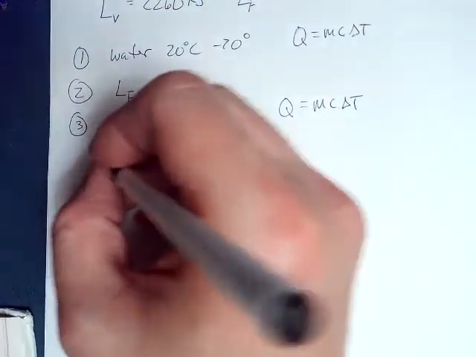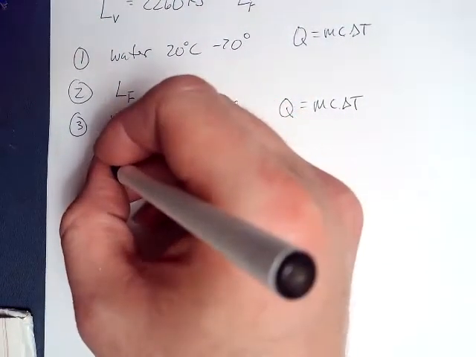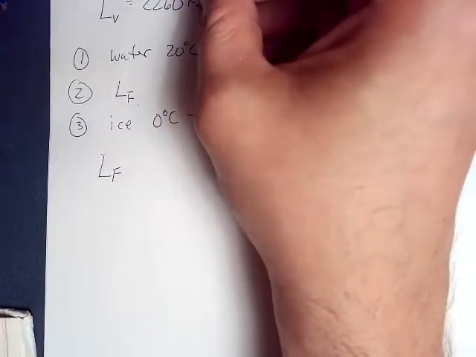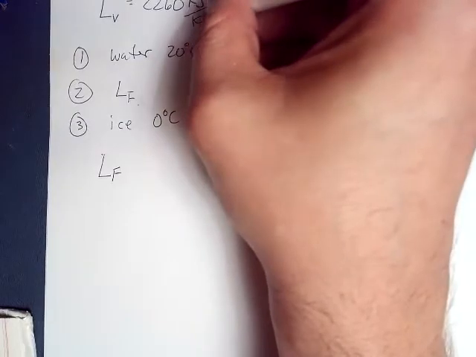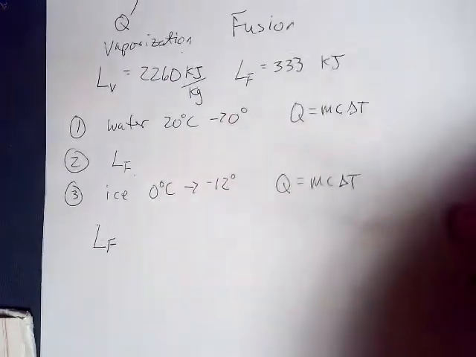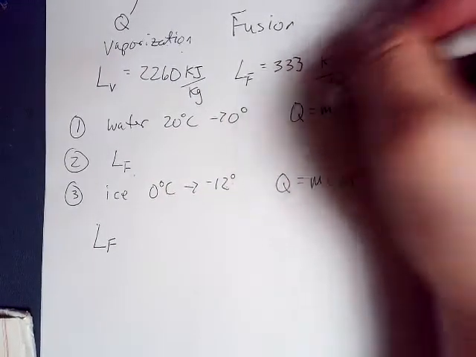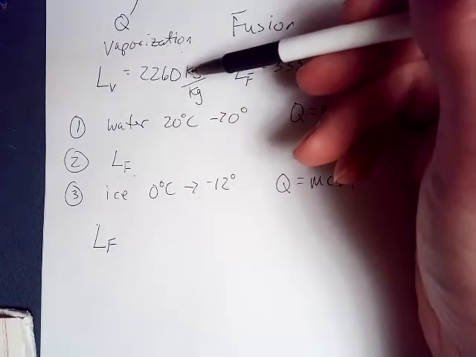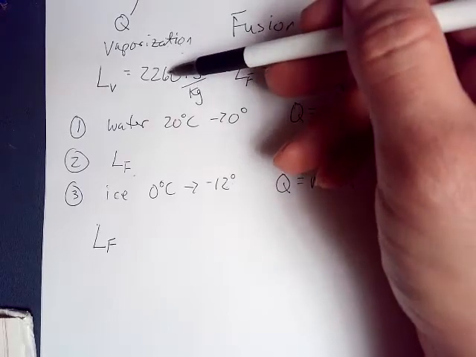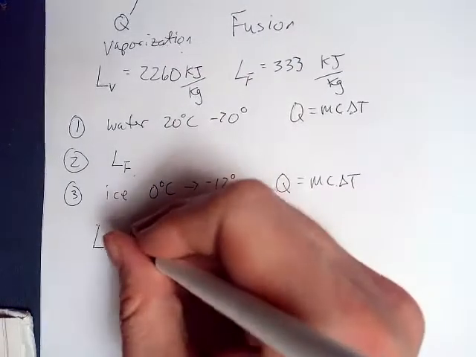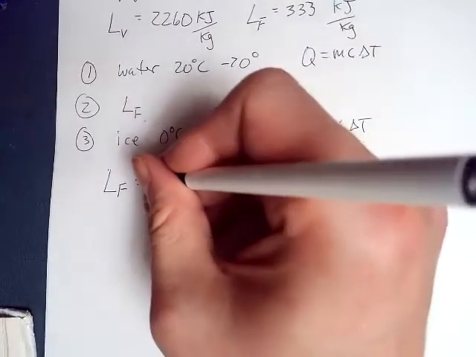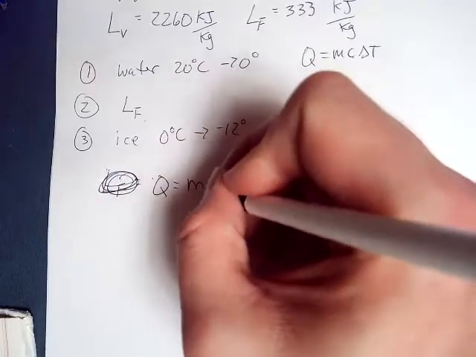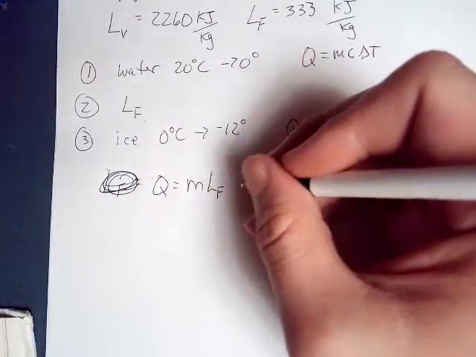Now LF is a little bit different. To calculate the latent heat of fusion, if you look, I should have written up here, this isn't kilojoules, this is kilojoules per kilogram, meaning for 1 kilogram of water or ice, it takes that much heat. So to calculate for different masses, the heat involved is just the mass times the latent heat of fusion or vaporization.